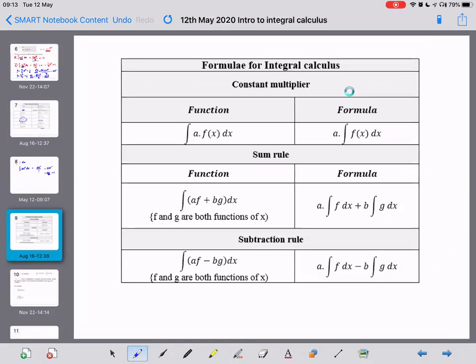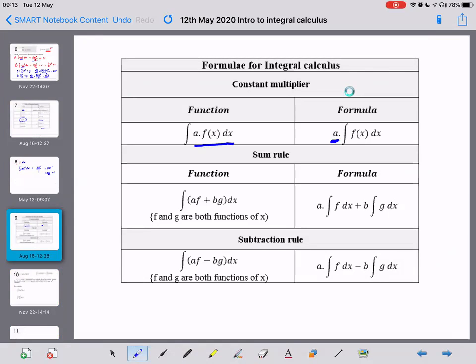When we have a constant multiplier, k times the function of x, we can immediately take that constant outside the integral and multiply. We'll do some examples in a minute, and that is really quite helpful.